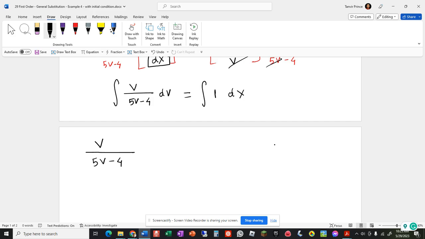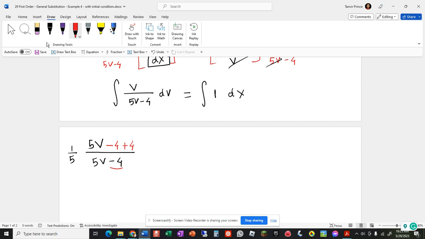So one way, you can just multiply by 5 and then divide by 5, because you want to match that 5v. And then because you have a negative 4, you just put a negative 4 and plus 4. See, you're not changing anything, you're just rewriting this so that you can simplify this.